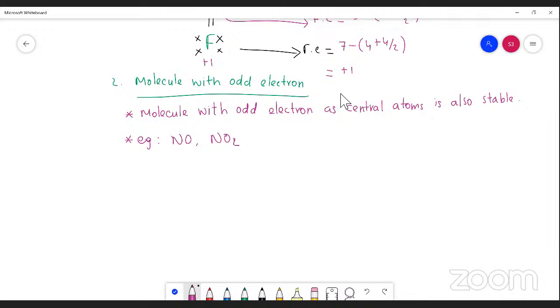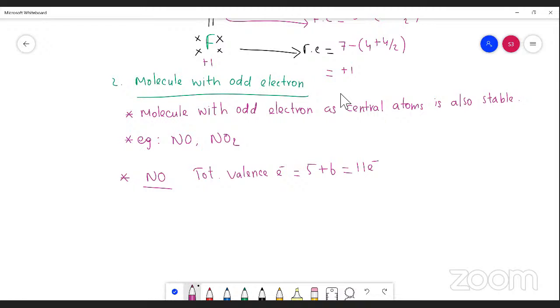Okay, listen, we are taking first nitric oxide, NO, and the total valence electrons. Nitrogen has 5 and oxygen has 6, so that is totally 11 electrons.